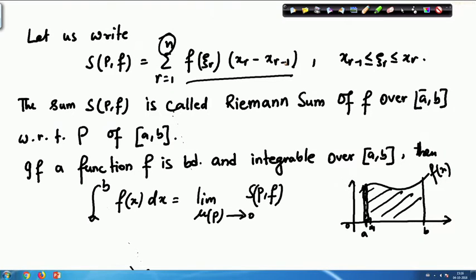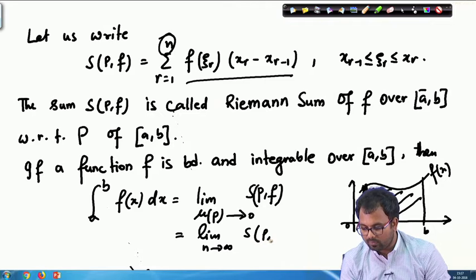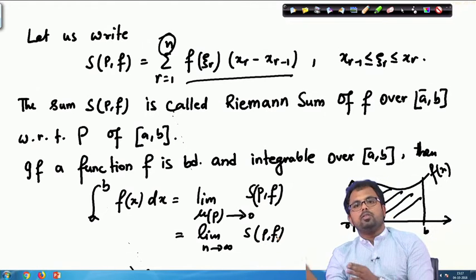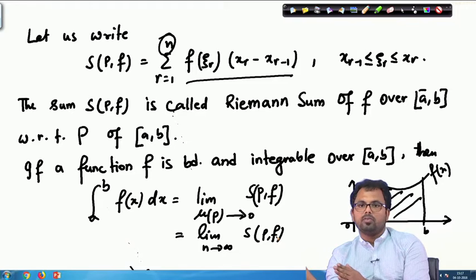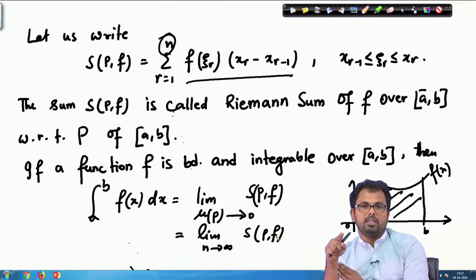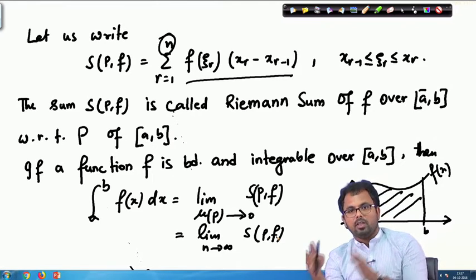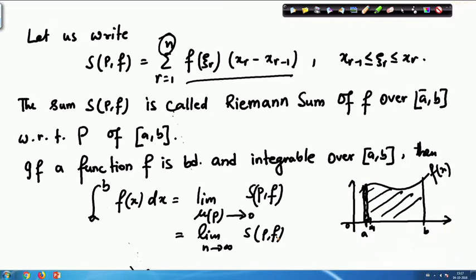So, when you make mu p go to 0, you are actually making n tend to infinity. And if you make n tend to infinity, then you are increasing the number of subintervals, and on every subinterval you are calculating the area of a rectangle. And if you sum all those areas, then that will give you the area under the curve of the function f between x equals a and x equals b.